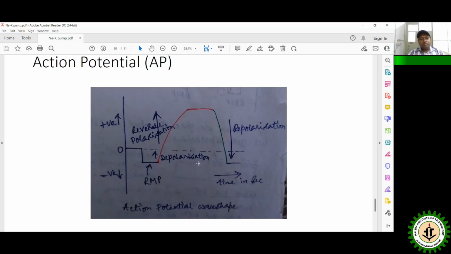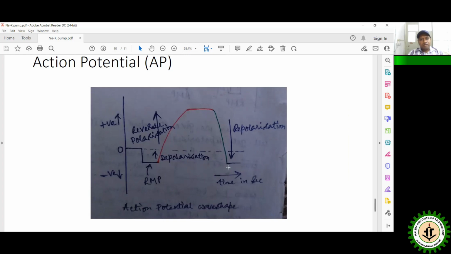First one is the depolarization. That means from minus 90 millivolt the value decreases towards zero, then increases towards some positive value, and this peak value will be retained for some time. Then it tries to get back to its normal RMP.